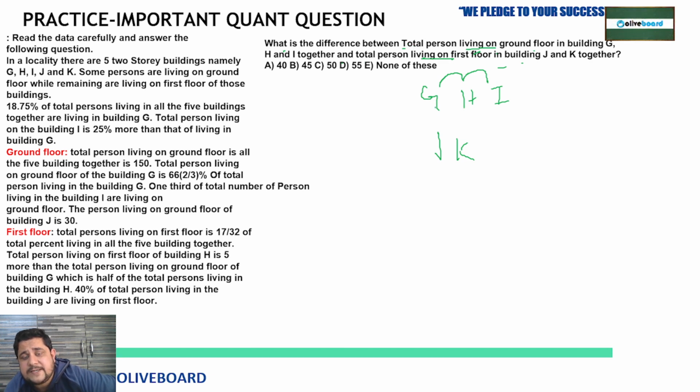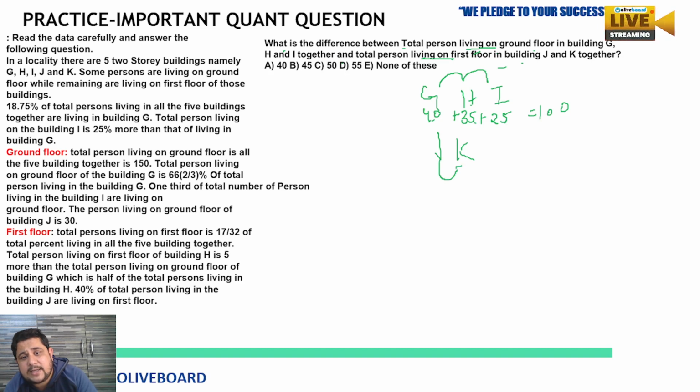On G's ground floor, how many persons? 40. And H, there are 35. I'll check once, but I, there were 25. Yes. So 40 plus 35 plus 25, you will get 100.